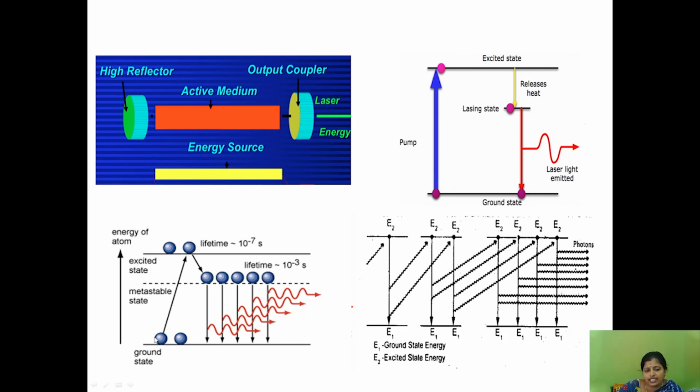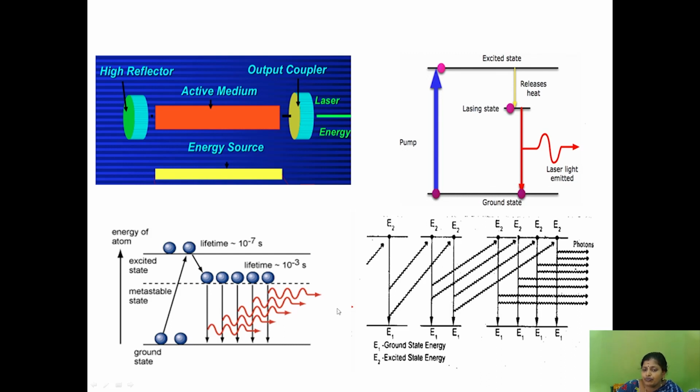The ground state atoms go to the excited state by absorbing one photon of light, then return to the metastable state. The metastable state is stable for a particular time only, 10 power minus 3 second, while the excited state lifetime is 10 power minus 7 second. Suddenly these atoms return to the metastable state, and after 10 power minus 3 seconds they return to the ground state, and laser beams are emitted.